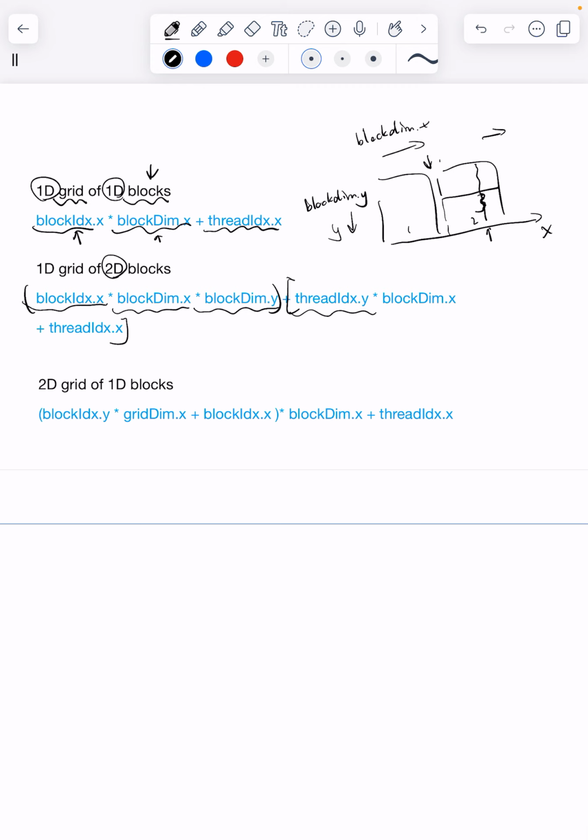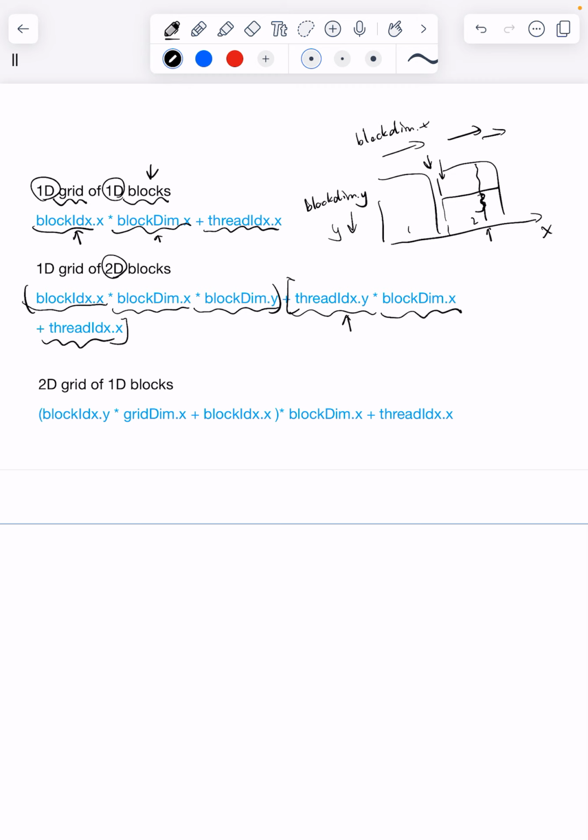This is the y direction, which is threadIdx.y. It is like the row index, how many rows are in front of the current thread, times the block dim, how many threads in total this direction has. And by multiplying these together, we get how many threads are in front of me in this current block.